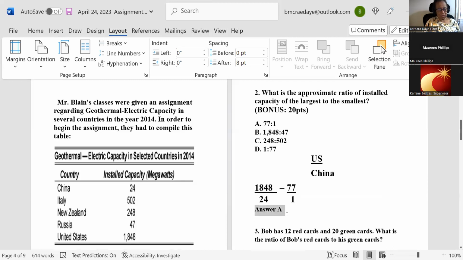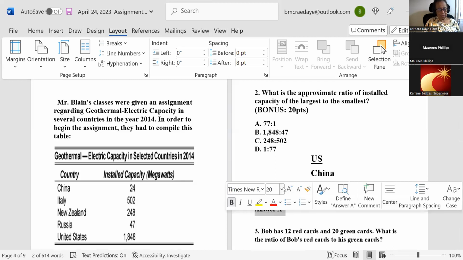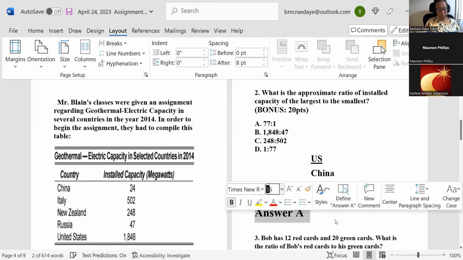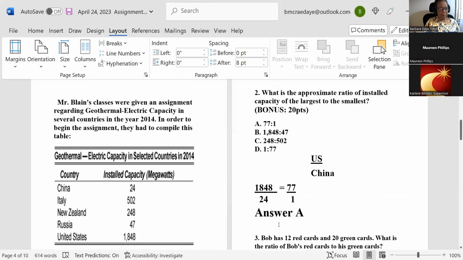Now, Maureen, let me ask you this. I want you to do something else with that table. Let's make that a little bigger. Now, I want you to find the ratio of New Zealand, that's the country and it's in the table, to the total.